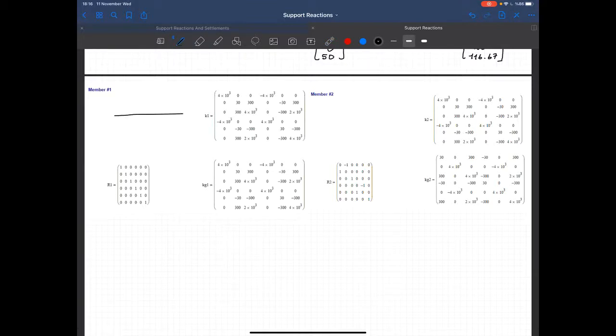So this is my first member. I will just show the local degrees of freedom. That's D1, D2, D3, D4, D5, and D6.